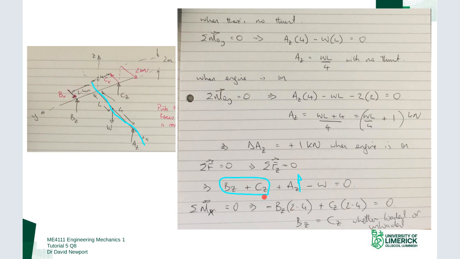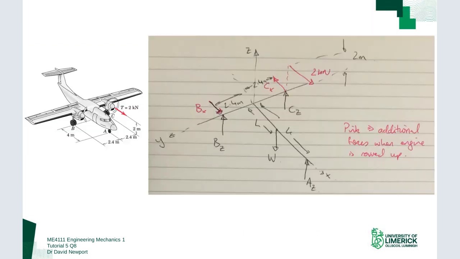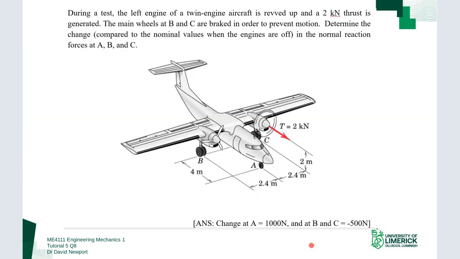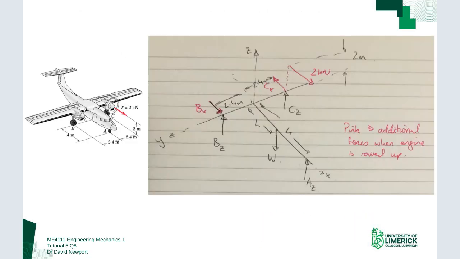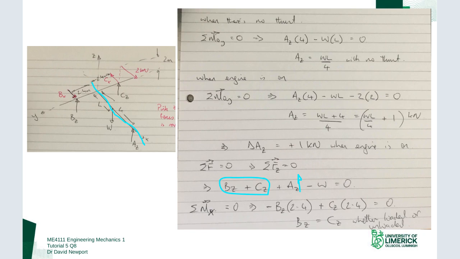So they decrease by 500 newtons each, which is the answer. Yep, so minus 500 each and 1,000 then for A. So 1 kilonewton up for AZ and half a kilonewton down at each of BZ and CZ.